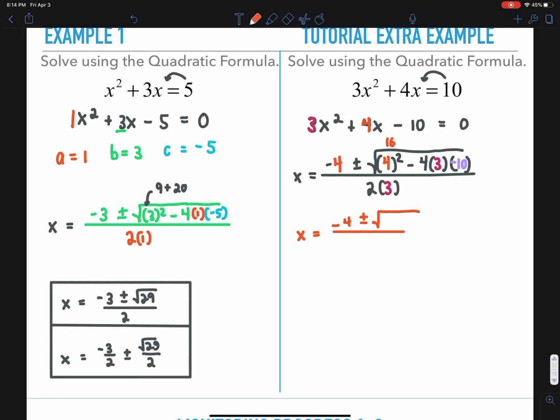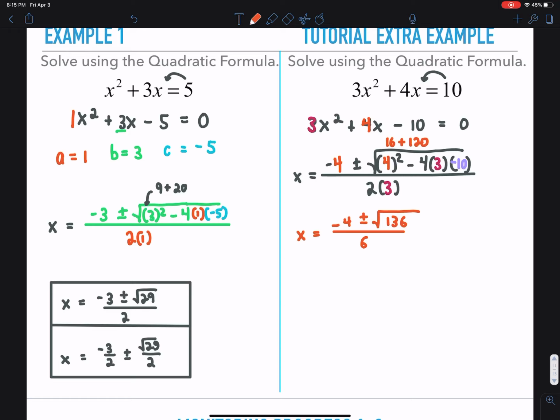And then we're subtracting a negative 120, which would give us 136. 12 times 10, yeah, so 120, which would give us the square root of 136. And we're dividing that by 6.